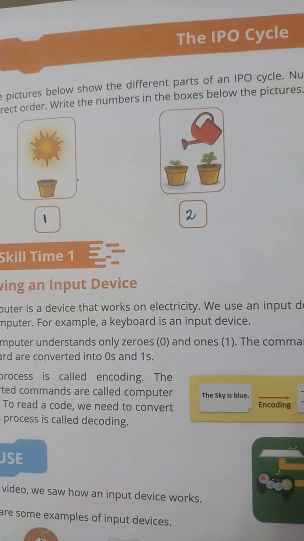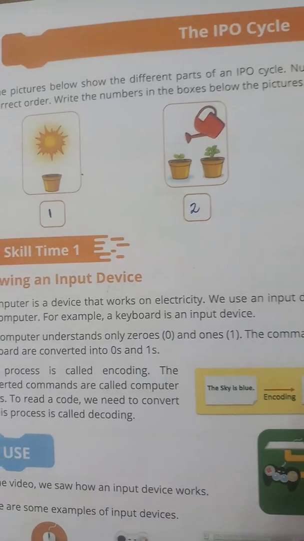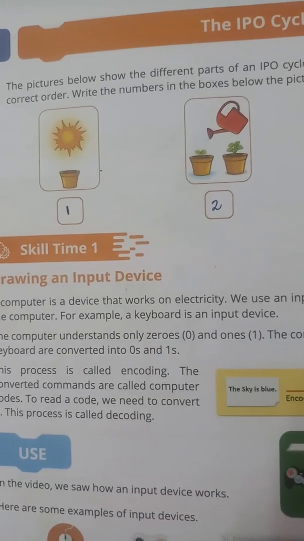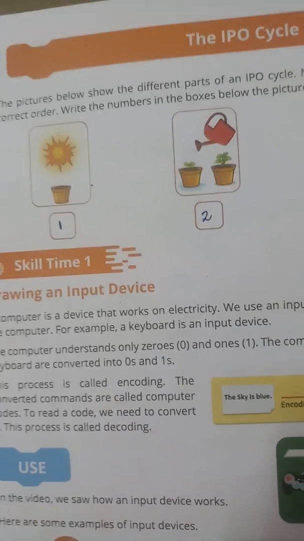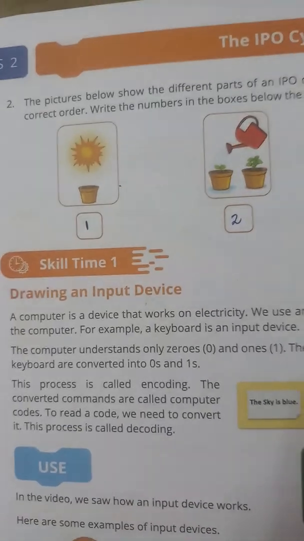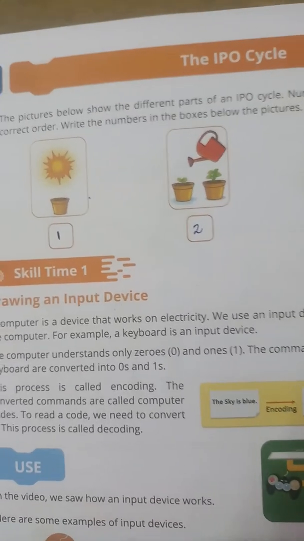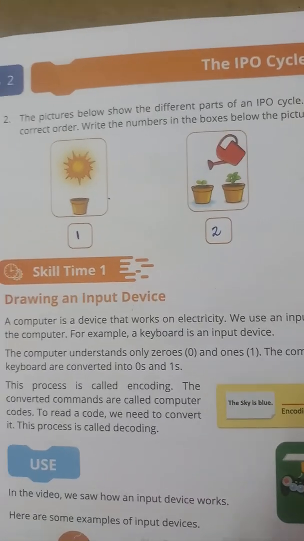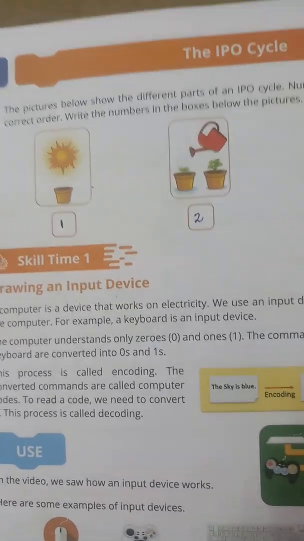So if you give a command to the computer, the command will automatically change into the computer-understandable language, zeros and ones. This process we call encoding.